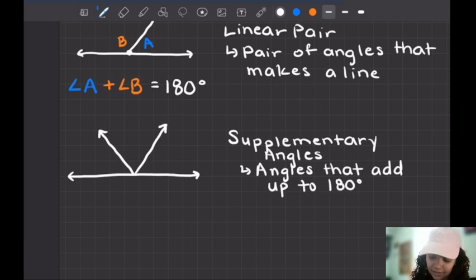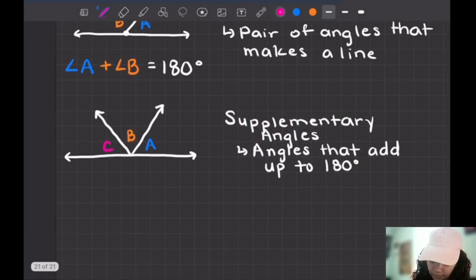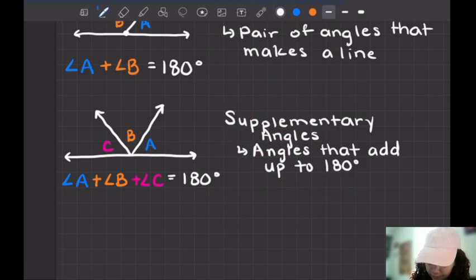Normally, though, you're not going to see that many angles, but you'll see, let's say, A, B, and let's pick another color, C. Okay, so same thing as a linear pair, they're still all going to add up to 180. The only difference is that now we have more than two angles, okay? Angle A plus angle B plus angle C is going to equal 180 degrees still, okay?